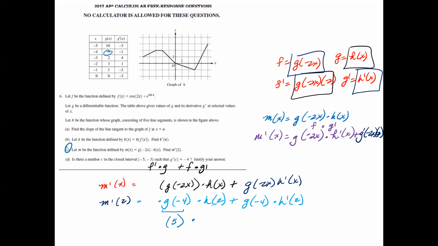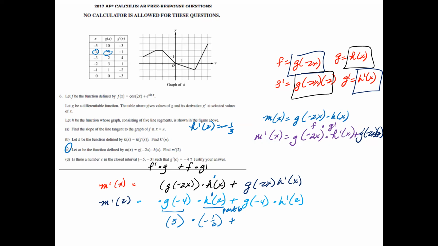Now, h prime of 2 is from the last part, which we just had. H prime of 2 was a negative 1 over 3. I forgot a prime there, sorry. So this part right here is from part B, okay? H prime of 2 equals a negative 1 over 3 plus g of negative 4.